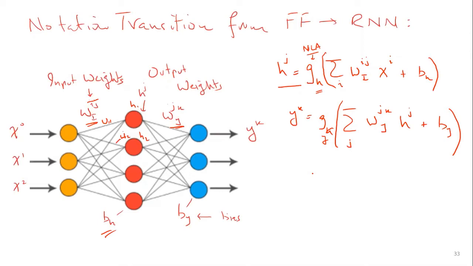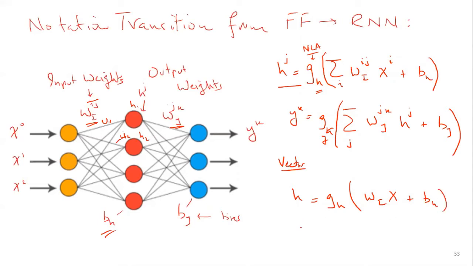Now we're going to use a slightly simpler notation, and it's going to be in vector form. Instead of writing all of this like this, the vector notation is going to be a little simpler. We're simply going to write h is equal to g of h, the activation, applied on wi x plus b of h.